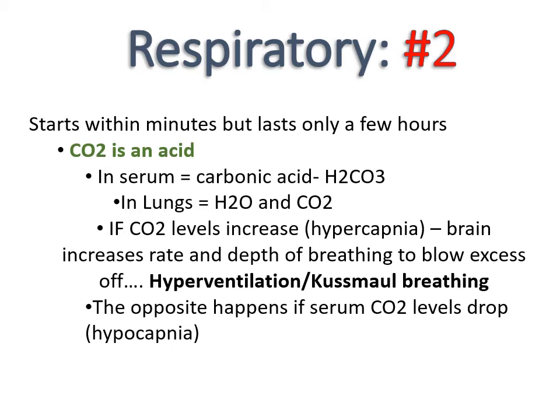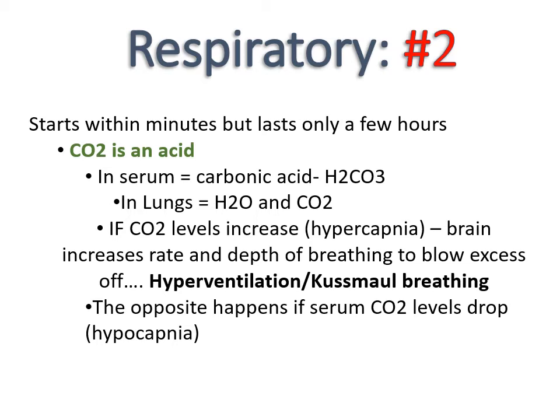And if it shifts to CO2, the brain will stimulate the lungs to breathe faster. So it'll breathe faster, breathe deeper to blow off the CO2, which is in fact getting rid of H plus and maintaining pH. The opposite will happen if your CO2 drops.